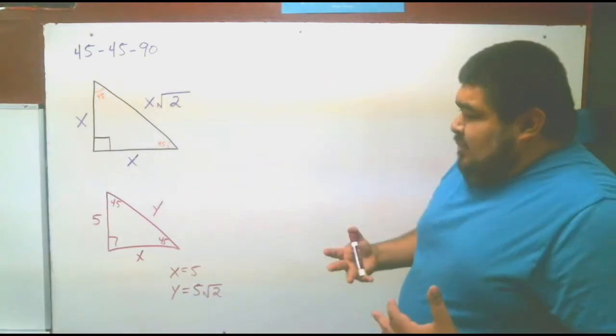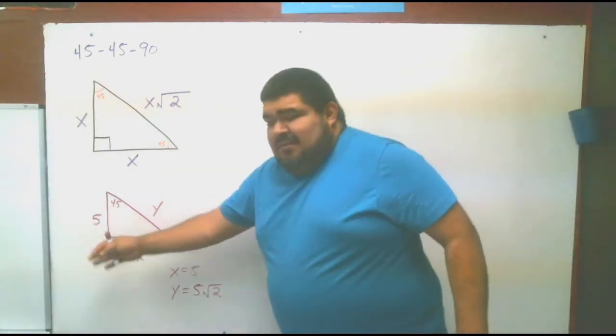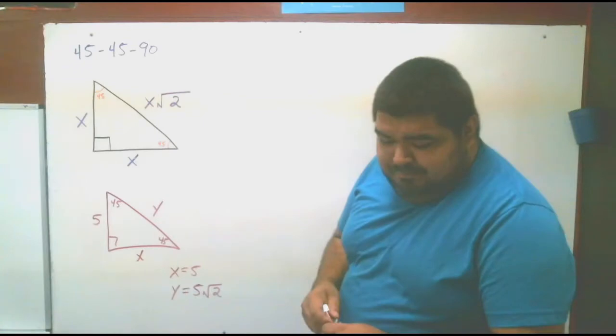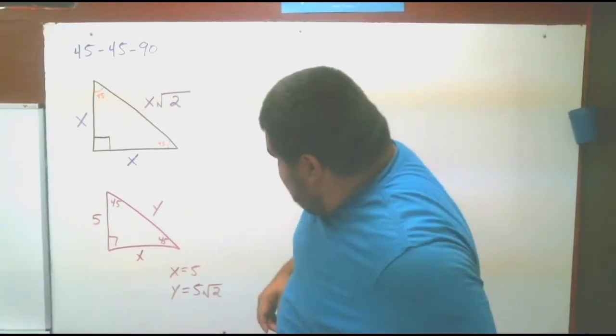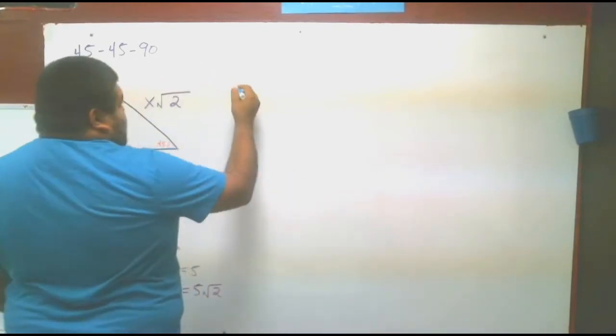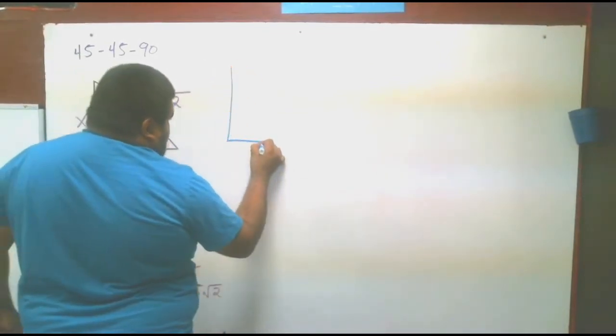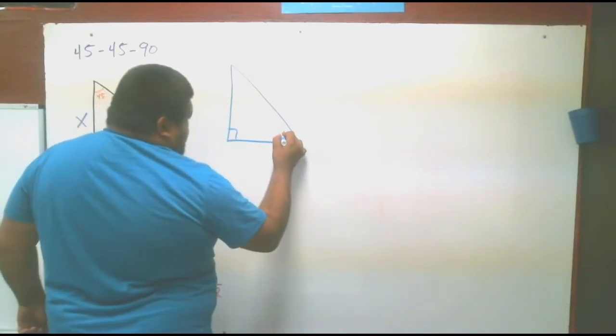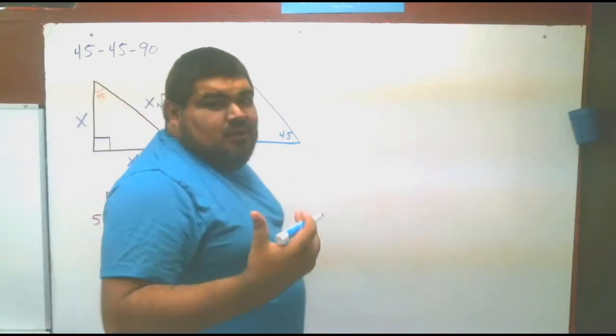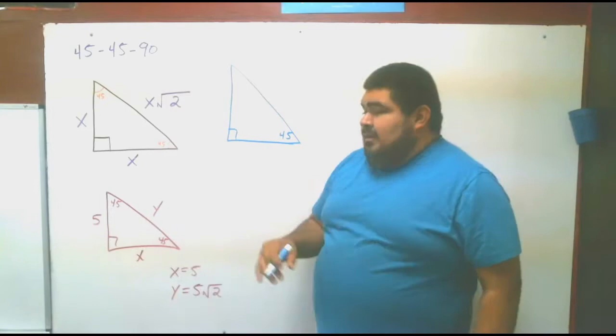What if it was a radical itself? Let's say now instead of 5, we have a radical. Let's say we have another right triangle. Again, I'm only going to do 45 because that states that the other angle is 45 since this is 90.